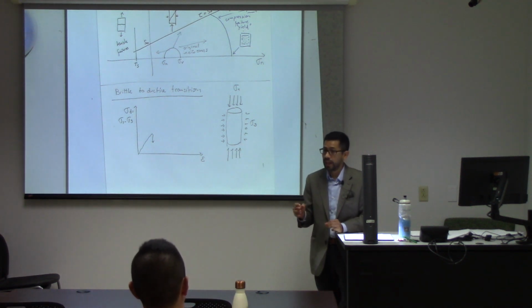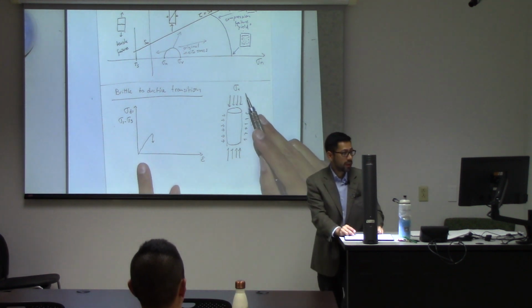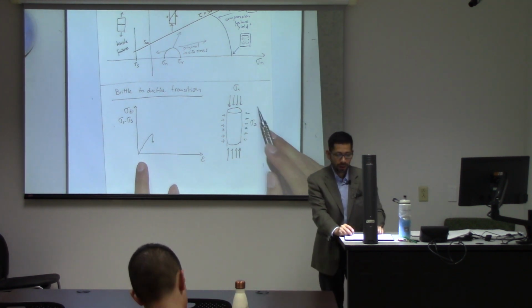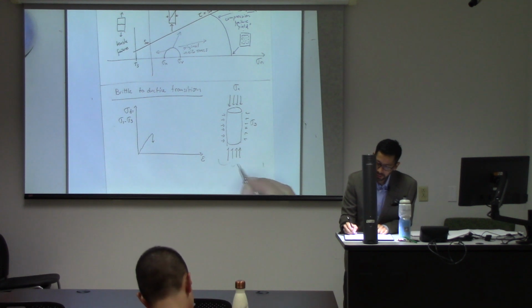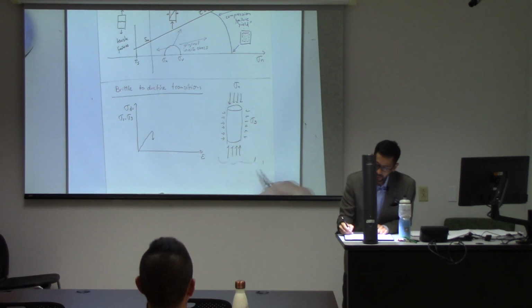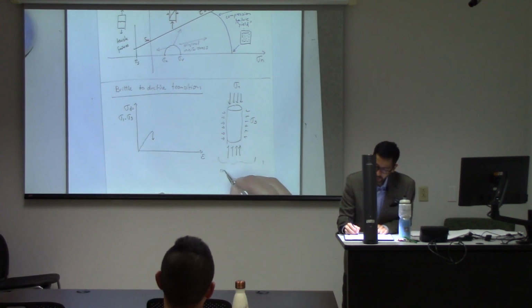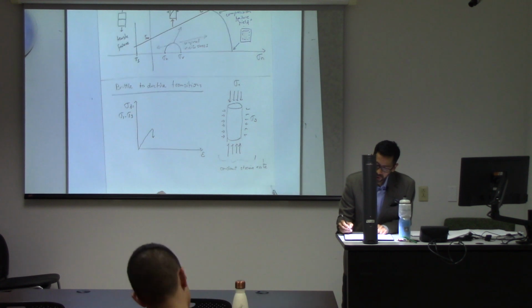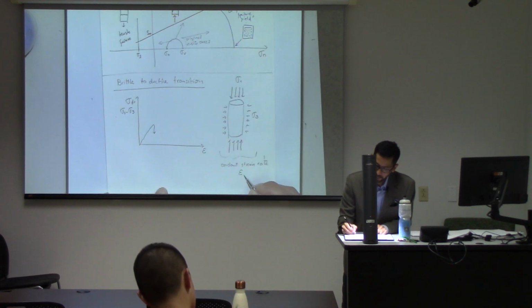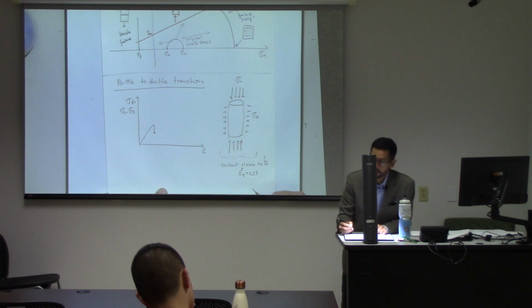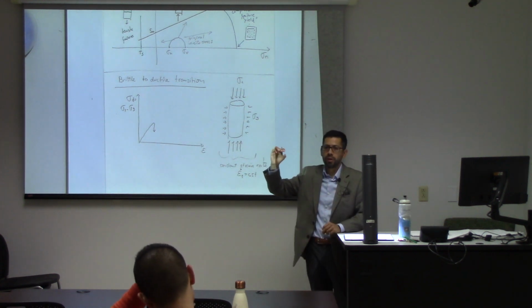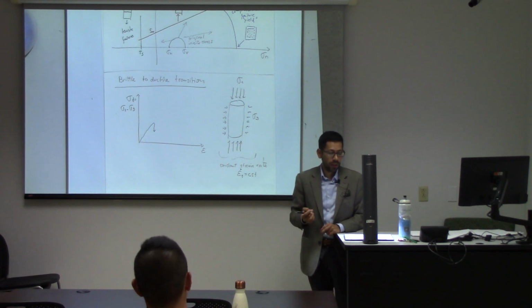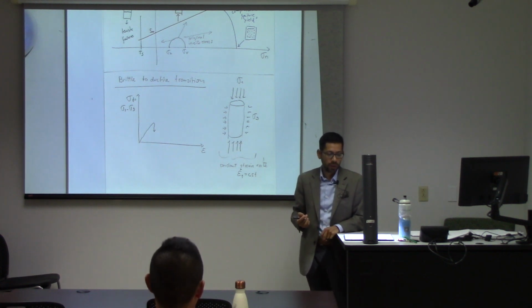And because of that reason, this stress goes down very quickly. And in this case, I'm running tests with constant strain rate, which means that what I'm controlling is I'm moving the plate at a constant velocity. That's exactly what you do in the laboratory as well.